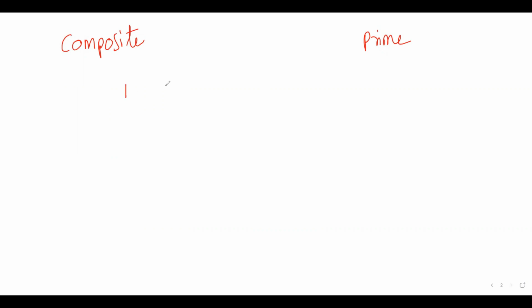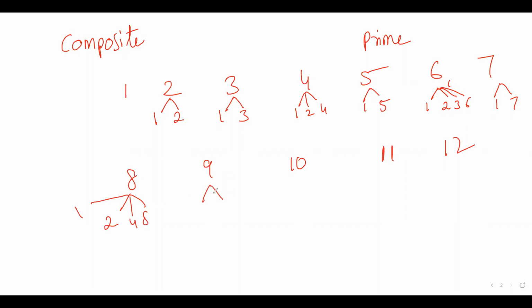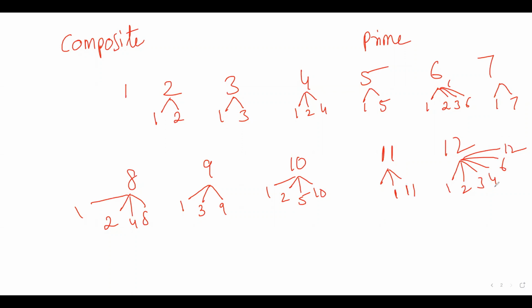When you write the natural numbers 1, 2, 3, 4, 5, 6, 7, 8, 9, 10, 11, 12, some numbers have 2 factors, some have more than 2 factors. 5 has only 2 factors, 6 has more than 2 factors, 7 has only 2 factors, 8 has more than 2 factors, 9 has more than 2 factors, 10 also has more than 2 factors, 11 has only 2 factors, 1 and 11. 12 has more factors: 1, 2, 3, 4, 6, 12.